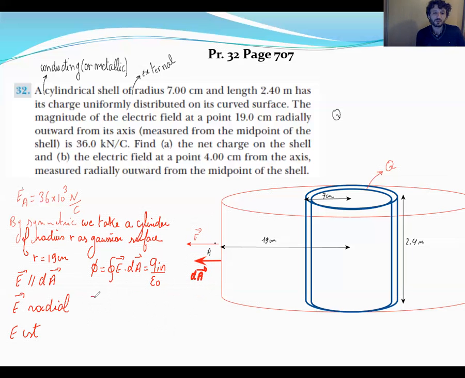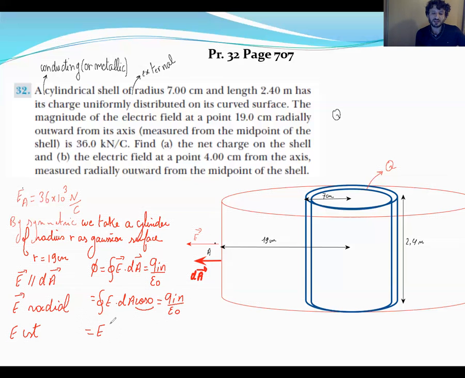So we can say E dA cosine 0 equals Qn divided by epsilon. It's important to write all the steps in detail. Here E is constant, so we can take E out of the integral.